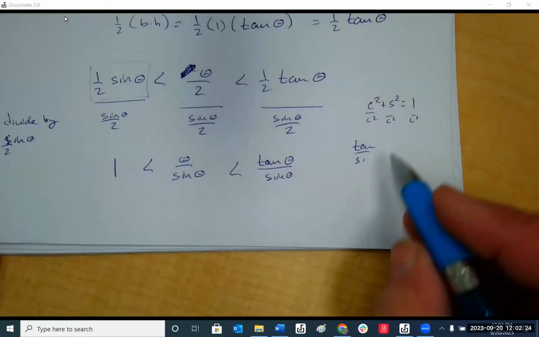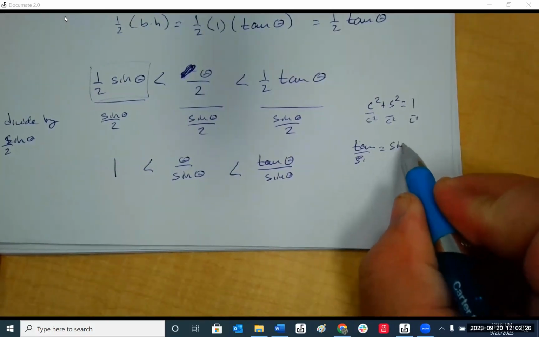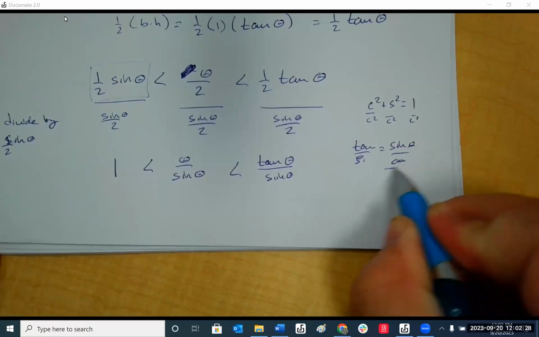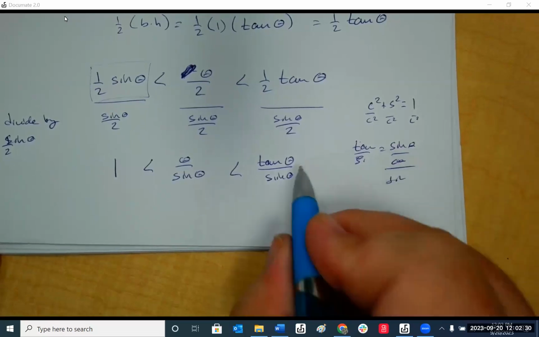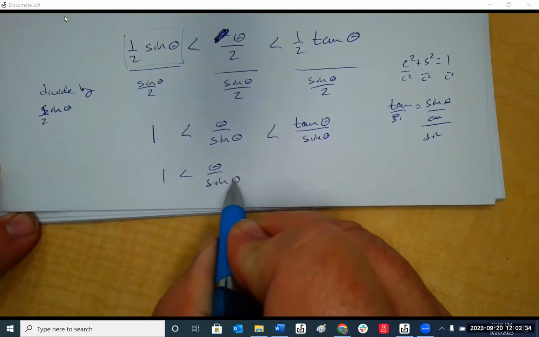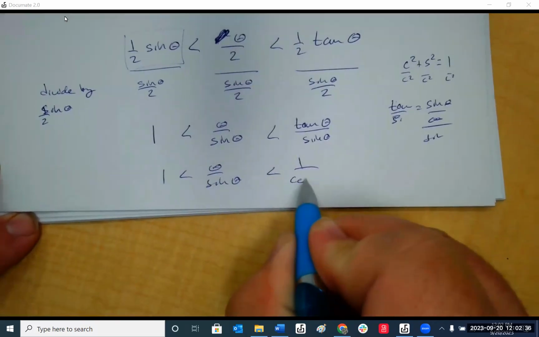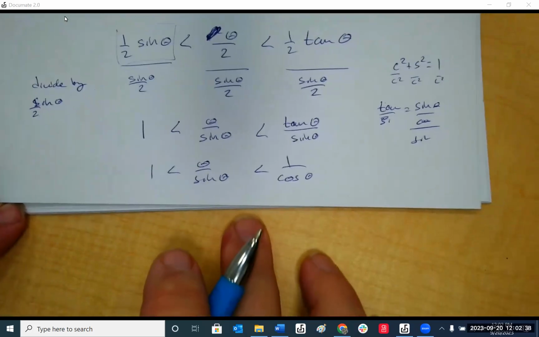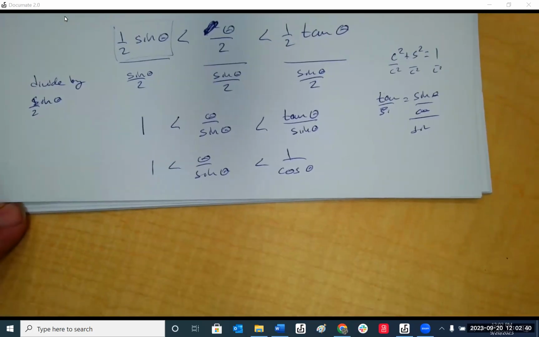Well, yeah, that's what we're going to do next, because tangent is sine over cosine divided by sine, which now makes it, right, the sines cancel, so we have 1 over cosine. So far, so good?